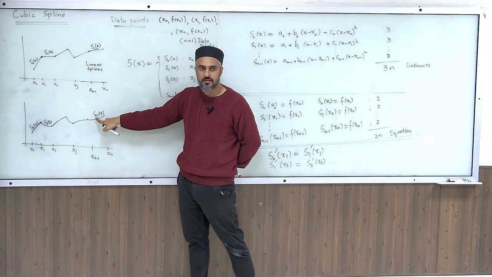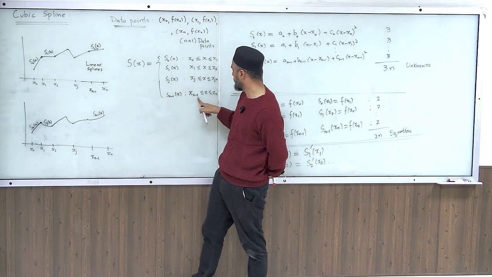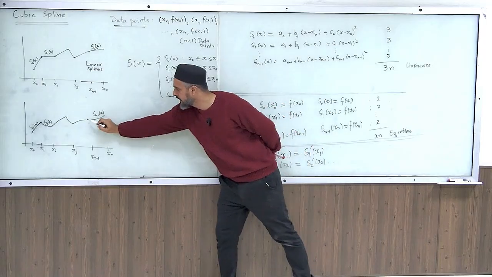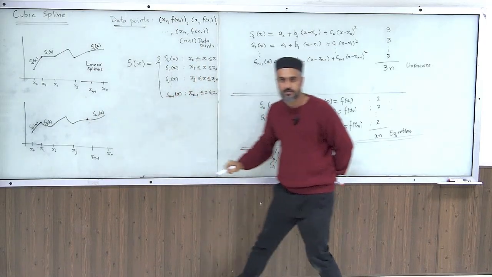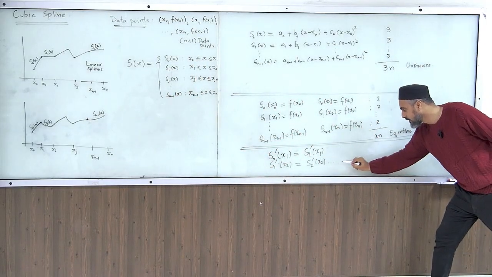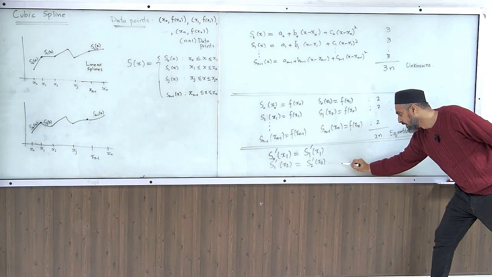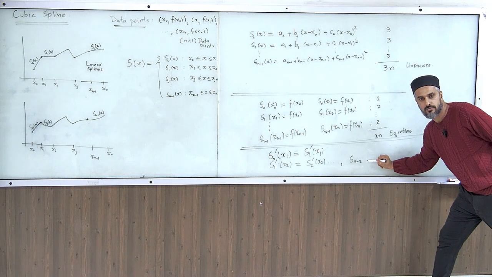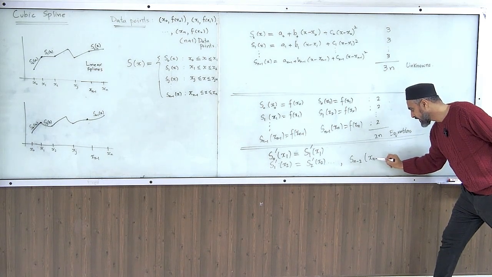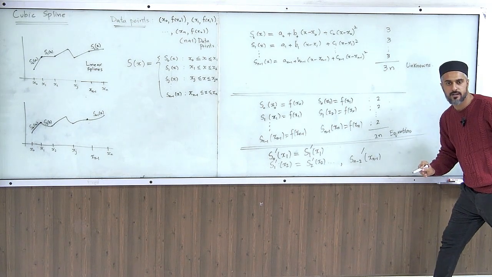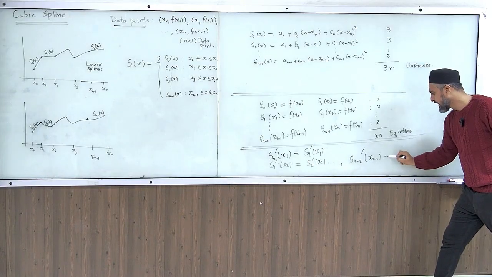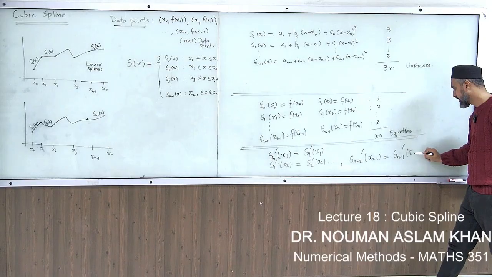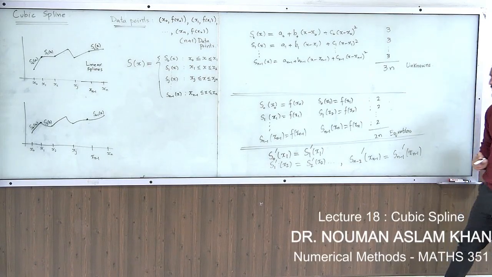Sn minus 1 is applicable from xn minus 1 to xn. So I need to talk about the differentiability at this point. Sn minus 2 at xn minus 1 will have some derivative value, and Sn minus 1 should have the same derivative value at xn minus 1.